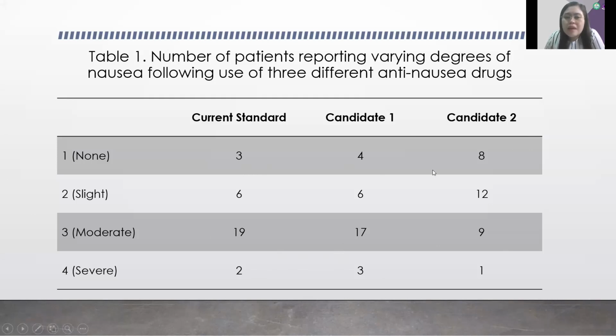So this is what I mean: if you are related to pharmacy, like me, I'm a pharmacist, I will understand right away what is in the table. So I know right away that this is for the current standard treatment and that these 2 here are new drugs, and that when they reported none, meaning they don't feel nauseous after taking the drug.